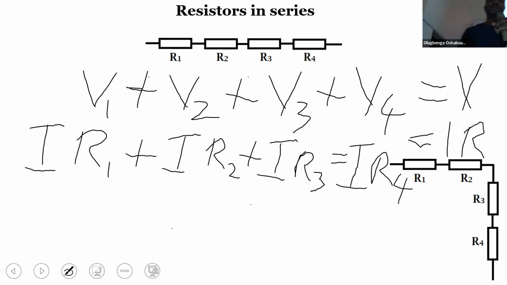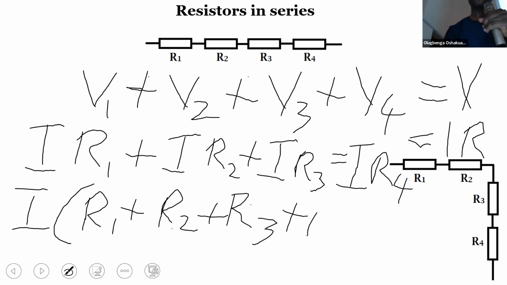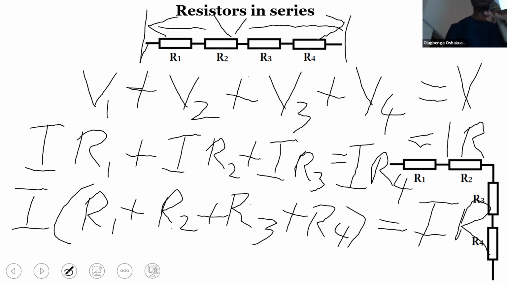If you collect the like terms, you say this is I into brackets R1 plus R2 plus R3 plus R4 equal to I big R. That R is now the total resistance, because it's considering this point to this point to be V, while the points across each of the resistors are V1, V2, V3, and V4.